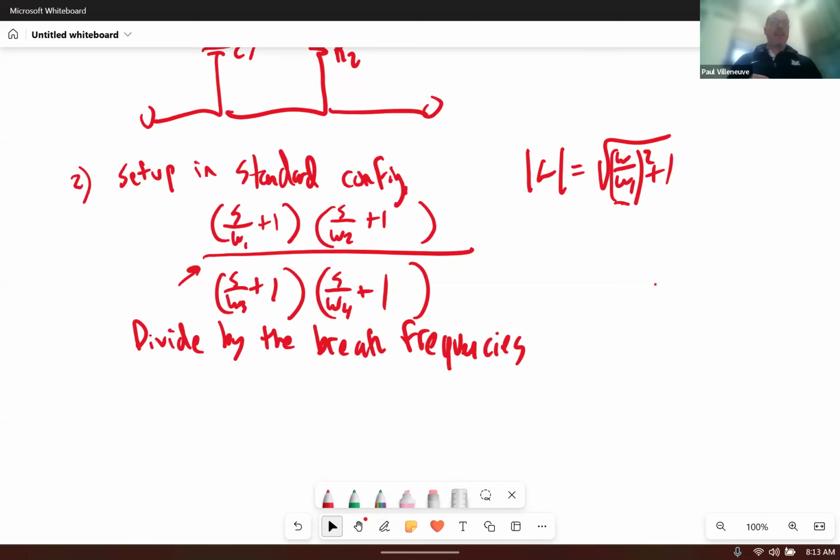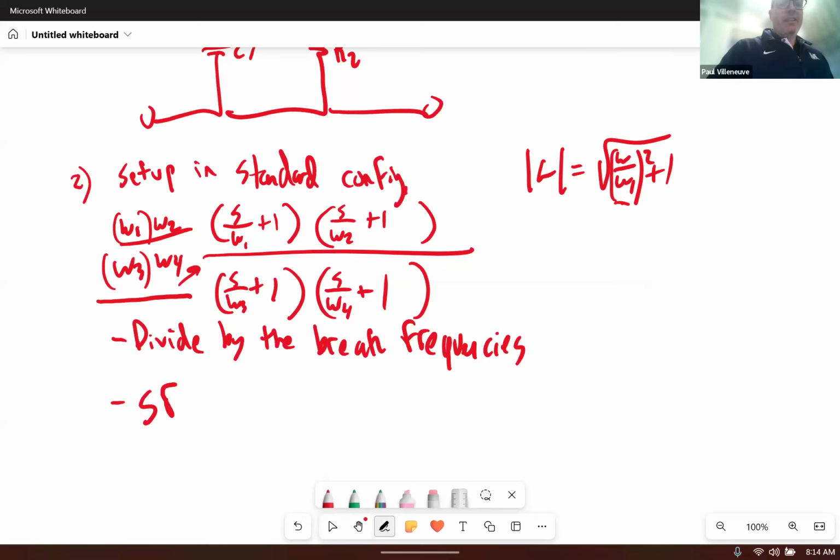Now, there's one thing that I haven't included in there. I've divided out all the omega 1s, omega 2s, omega 3s, and omega 4s. They have to end up out front here, right? Because when you factor them out, they end up out front. So when you factor all of those out, you have this term over here.